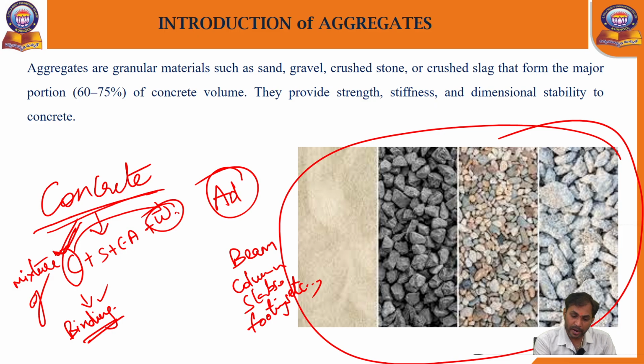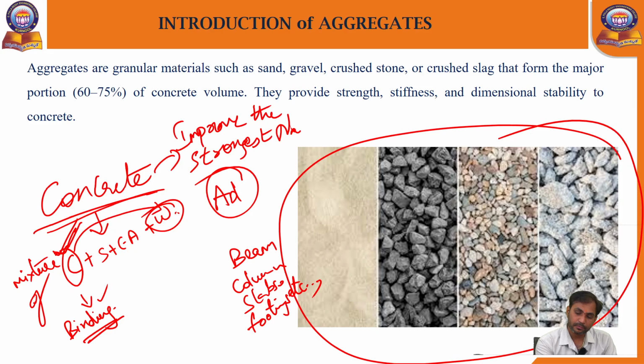It is provided in concrete to give the strongest bond for a concrete member. Cement provides the binding nature, while the strongest nature comes from the aggregates. So those aggregates we are going to discuss.